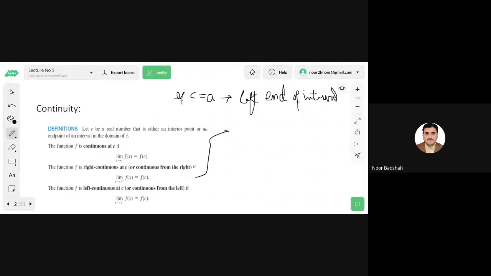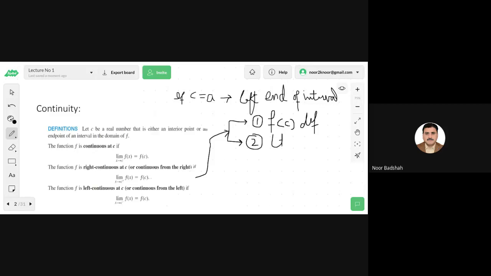As I said earlier, it is basically equal to 3 parts. The first one is exactly the same as in the case of interior point: f of C must exist, that is defined. Condition number 2, instead of the whole limit, we check only right hand limit.